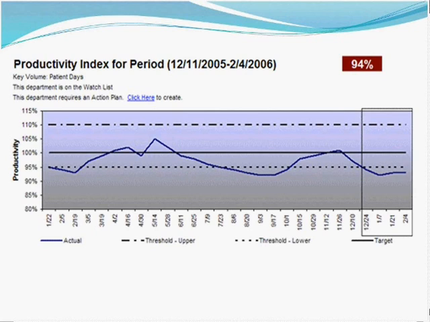If you notice the dates that are along the bottom of the x-axis, you'll see that those are in increments of 2 weeks.